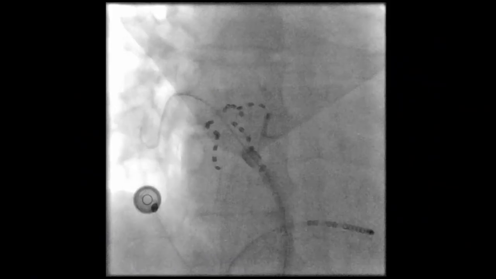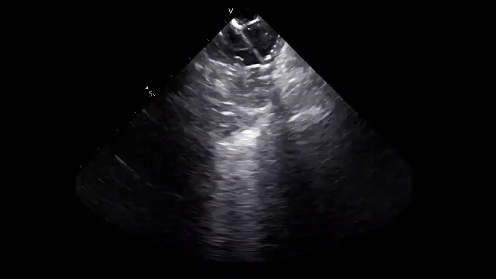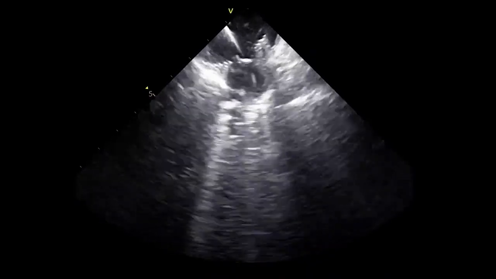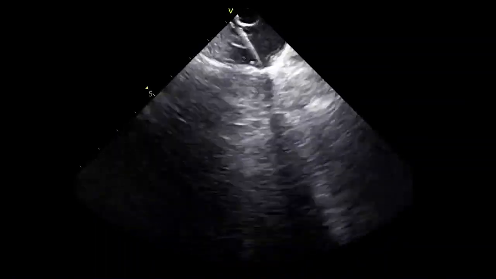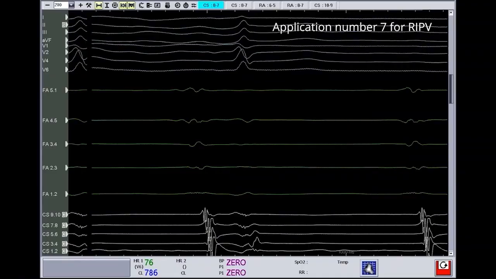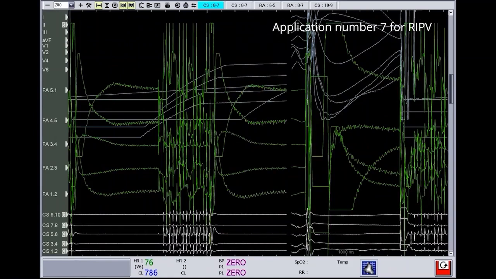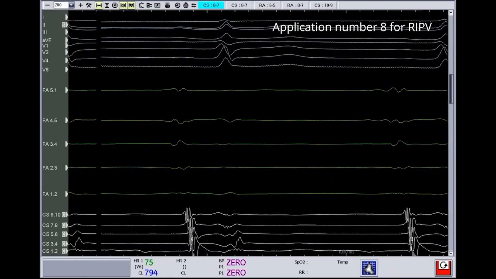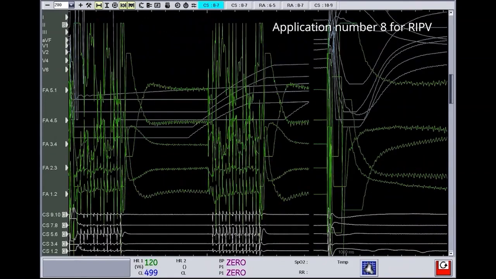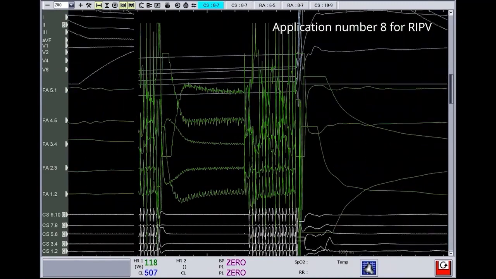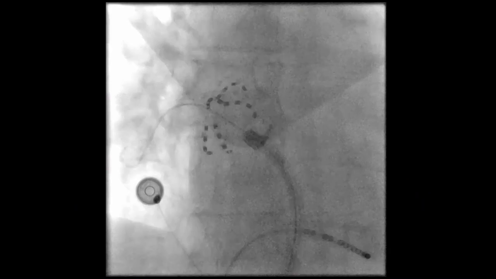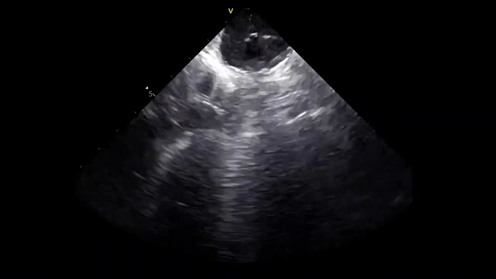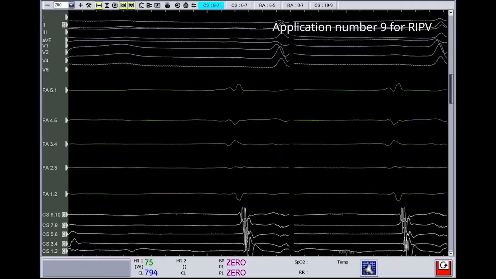Then the catheter is moved into basket configuration and position is optimized under ICE guidance. 2 additional applications are delivered. And then the catheter is rotated and last 2 applications are deployed.